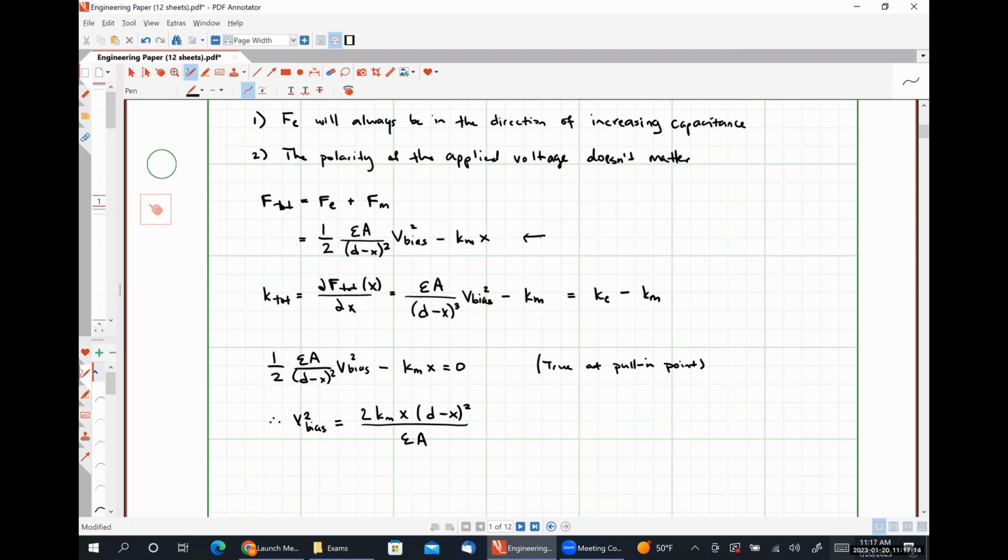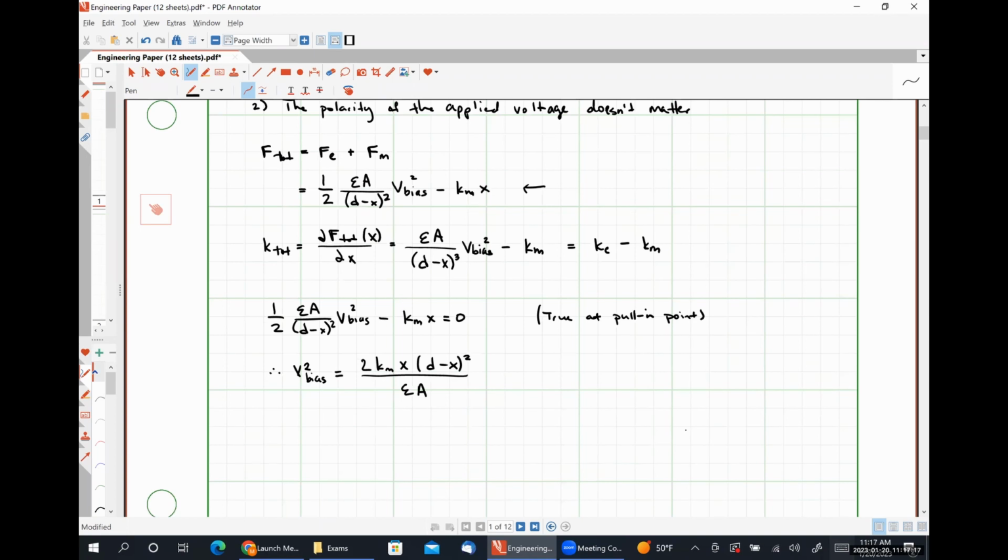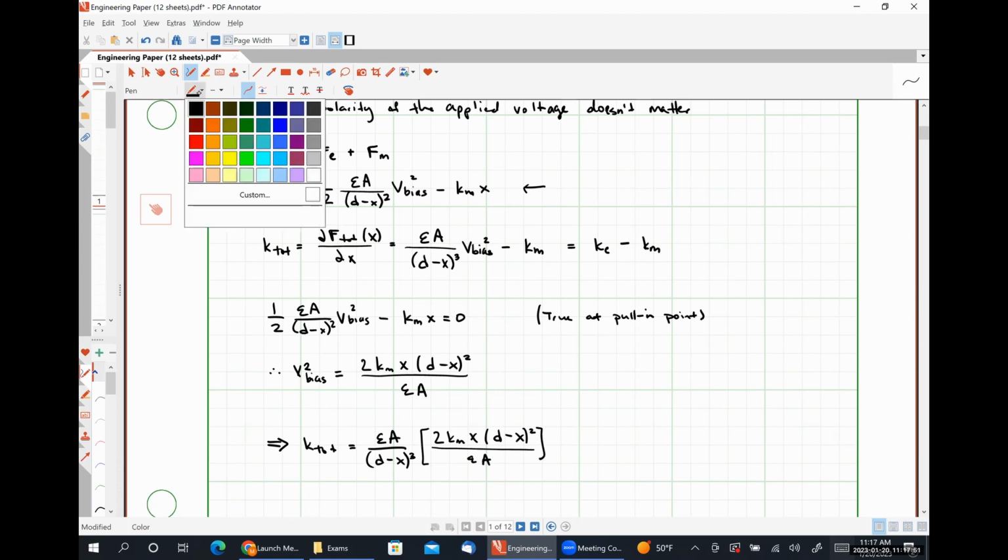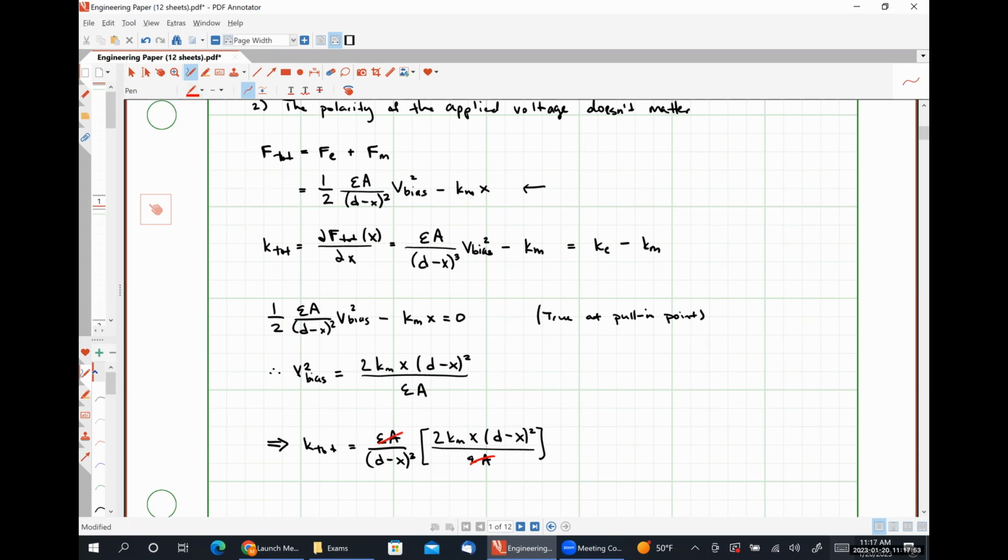And if we substitute in that relationship for V bias squared into our spring constant relationship, or our stiffness relationship, we get K total will be epsilon A over d minus x cubed multiplied by twice Km x times d minus x squared all over epsilon A, and epsilon A cancels out epsilon A here.